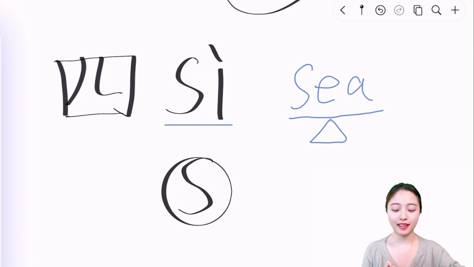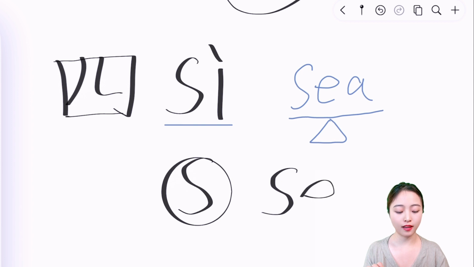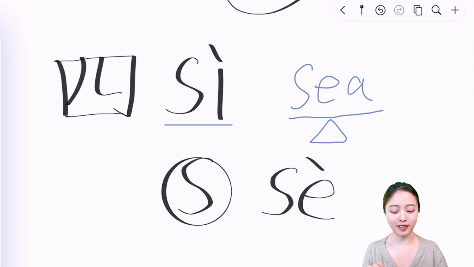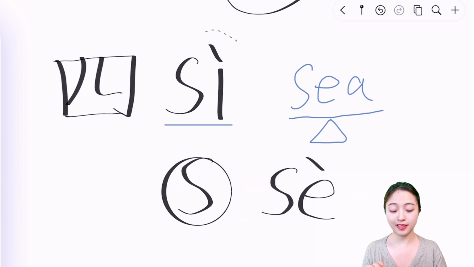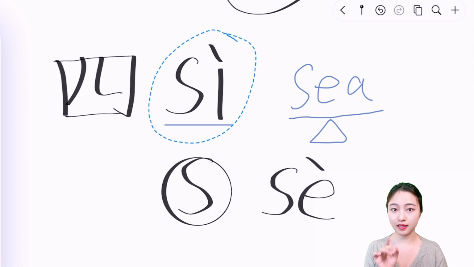Okay. This 四 is actually the most difficult one because other than C, some of the students would read it as 色. Are you familiar with this word, or can you tell the difference between 色 and 四? What's the difference between them?